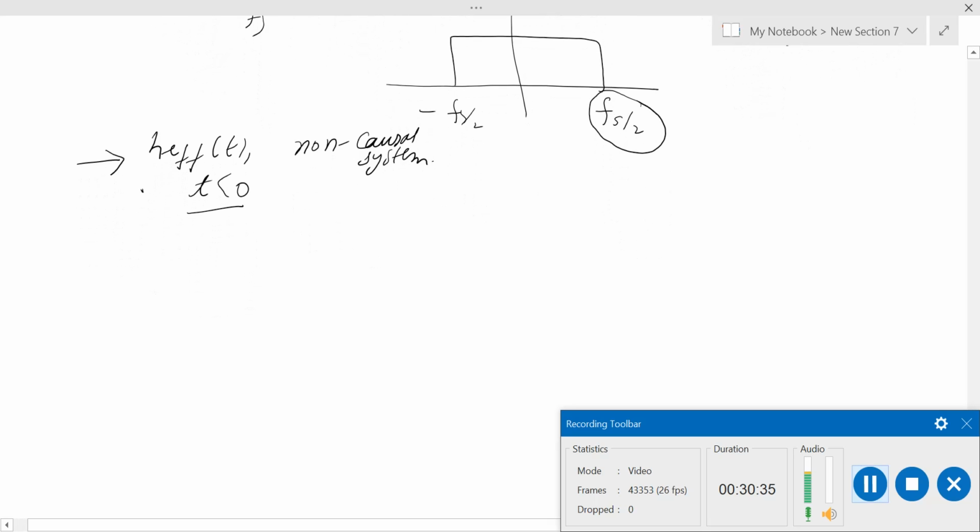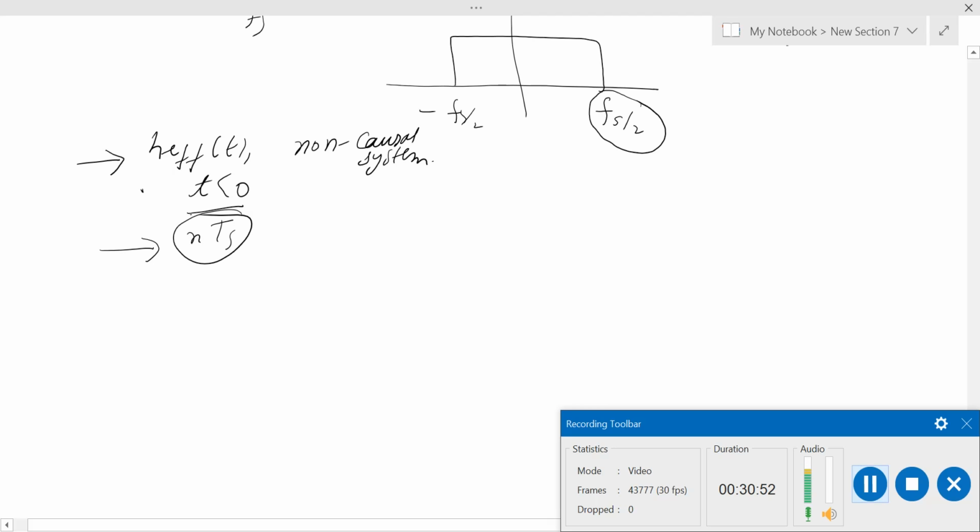The other issue with this particular type of transfer function is that we ensure the zero crossings are at the multiples of nTs, right?